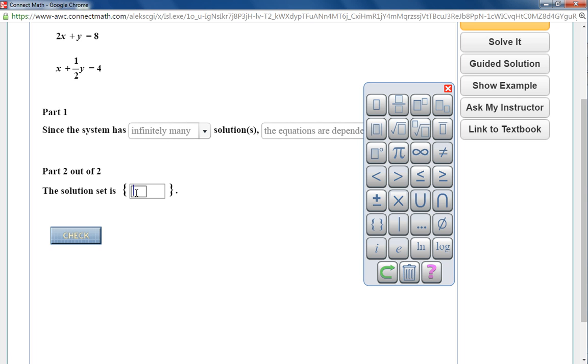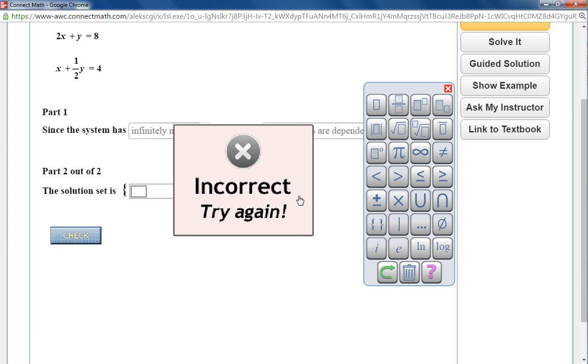Well, it has to be pairs, right? I mean, we need to enter, we can't do minus infinity to infinity. Is there a special button for this? How about we check?